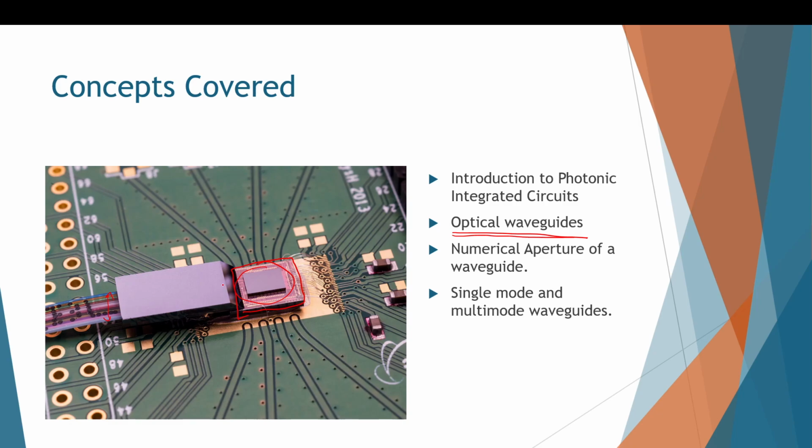Light is coming through these fibers and then getting coupled to the chip. There might be some grating couplers here, and they have aligned it perfectly so that the light gets coupled. Then there can be any number of devices here: waveguides, splitters, or whatever the application demands. These things that you see here are the wire bonds.